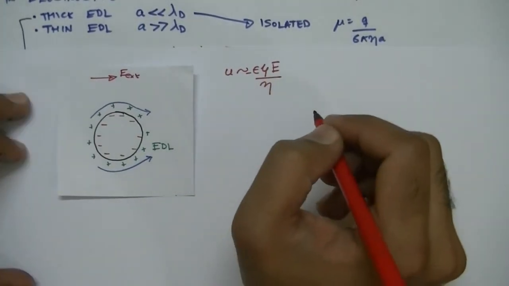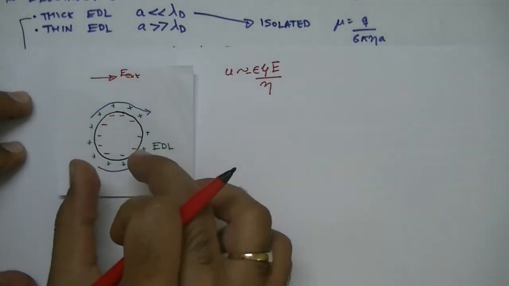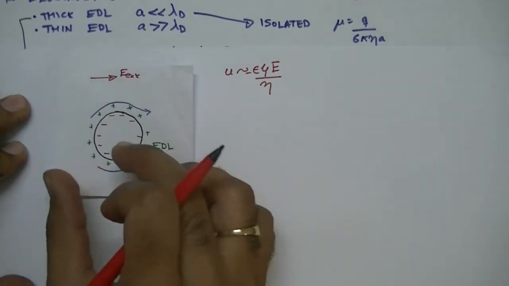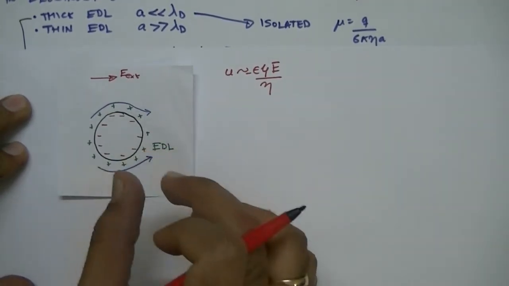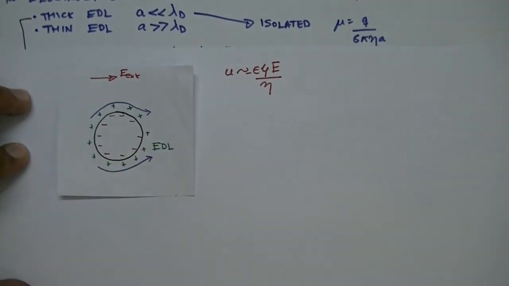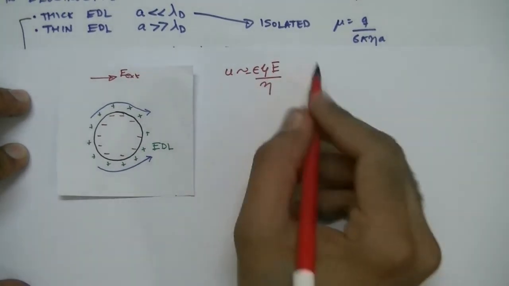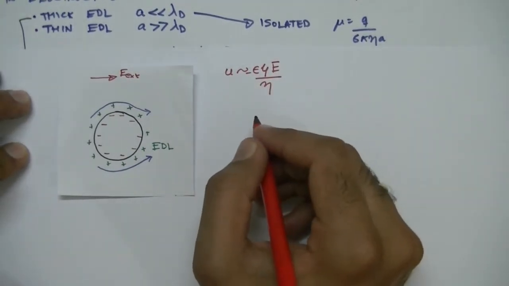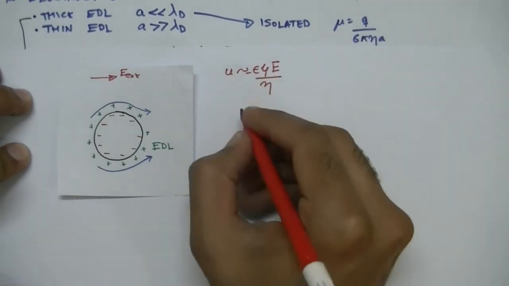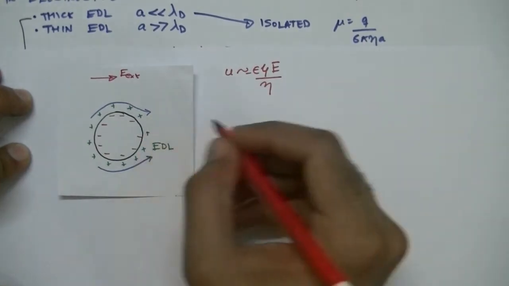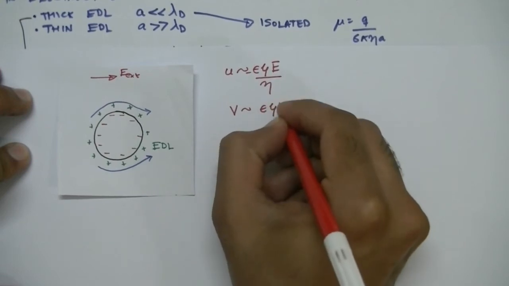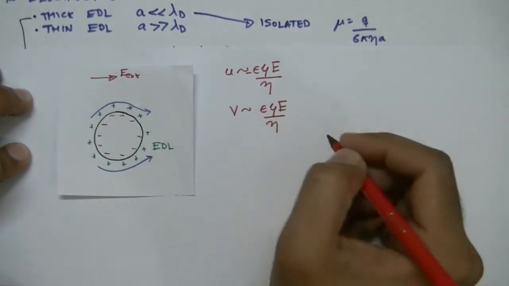Now this is assuming that the particle is stationary and the fluid is able to move, or in other words, for a moving particle we are visualizing this situation in the frame which is moving along with the particle. But in our case the liquid is stationary and the particle is migrating. So in the frame of the stationary liquid, the particle moves in the opposite direction at a speed of epsilon zeta E over eta.